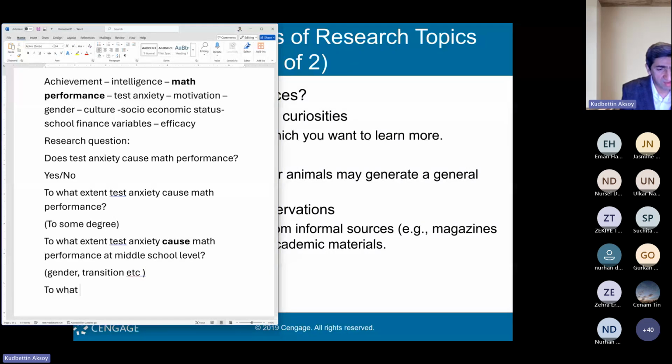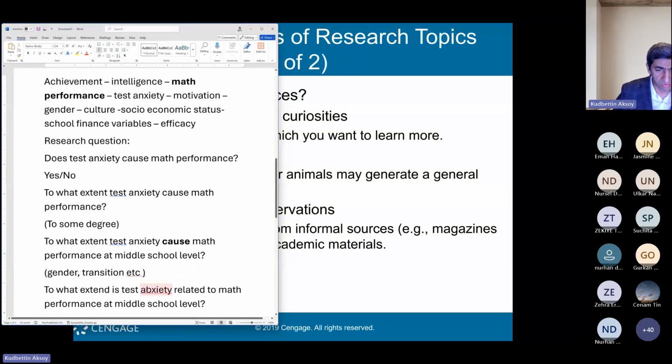To what extent is test anxiety related to math performance? Math performance at the middle school level. And you can discuss gender later on in your study, even though I didn't put it in the research question.